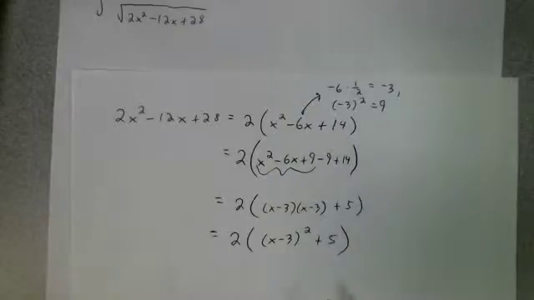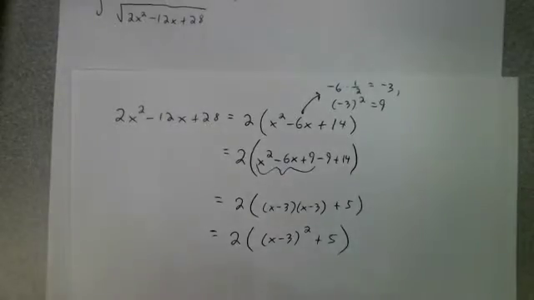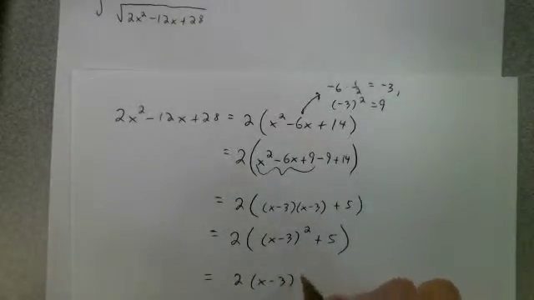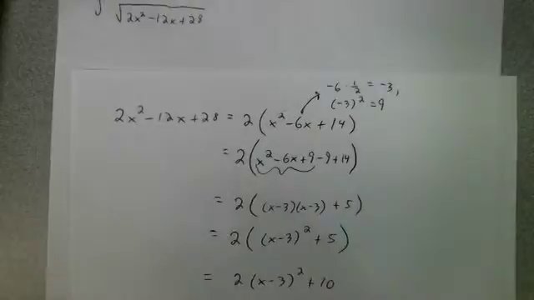Aha! If I complete the square, that's what I'll end up with. I can, if I want, distribute that 2, so I get 2 times x minus 3 squared plus 10. I can do that if I want.